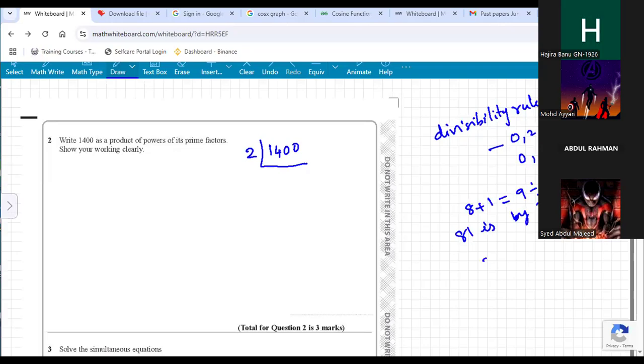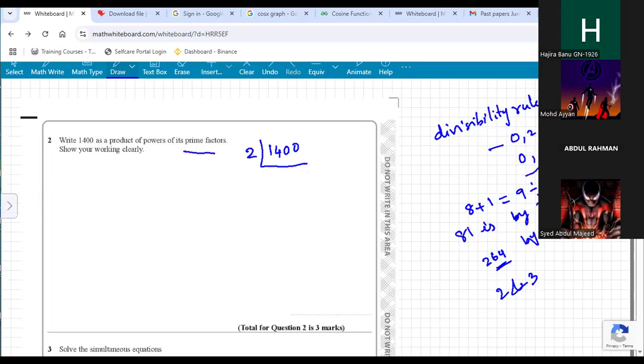When the last two digits are divisible by 4, then the whole number is divisible by 4. So 2, 4, 3, 5 I gave you. The divisibility rule of 6 is 2 and 3. If a number is divisible by 2 and 3, it is divisible by 6. Anyways, here we look out for the prime factors.